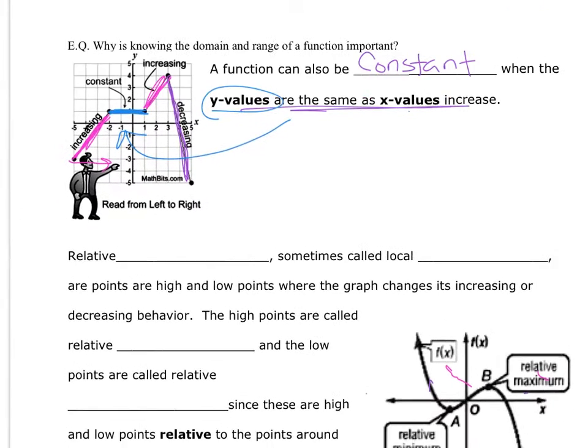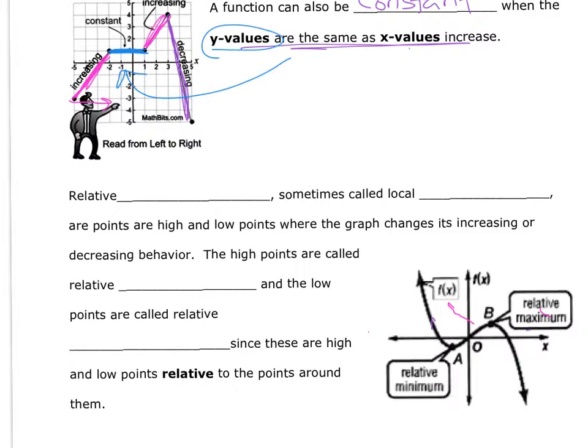Some other terms you need to be familiar with are the terms relative extrema, and sometimes called local extrema. These are points that are high and low points where the graph changes its increasing or decreasing behavior.